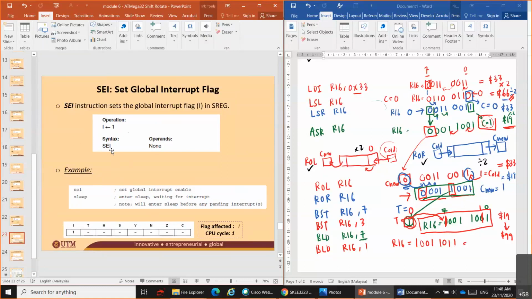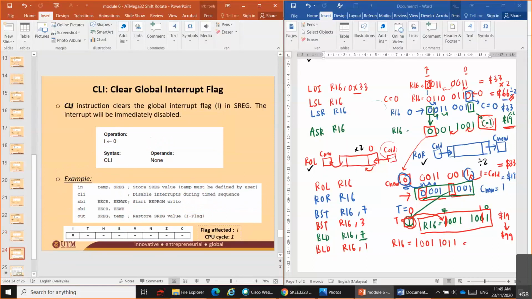This is the syntax, SEI. What happens is you put 1 to your I flag. Every time you execute SEI, your I flag is always 1, while the rest of the flags are not affected. And you can clear your I flag by using the CLI instruction.